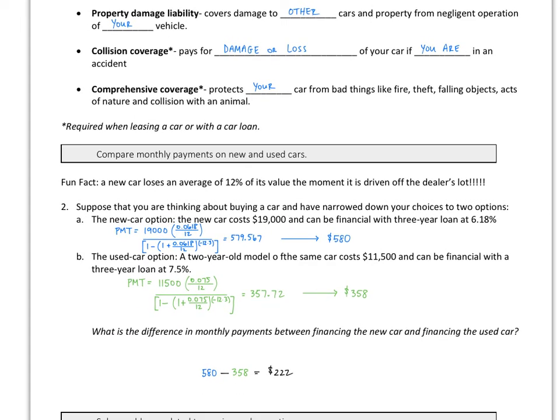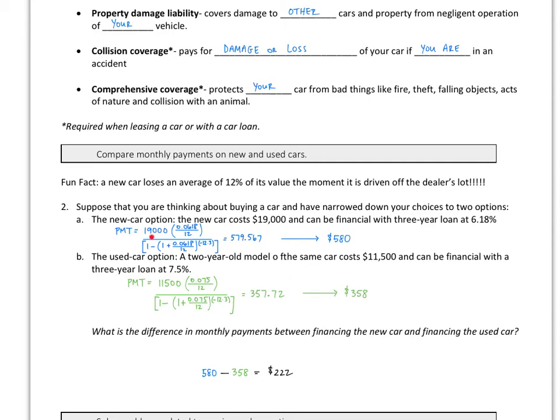So let's suppose you are thinking about buying a car and have narrowed down your choices to two options. The new car costs $19,000 and can be financed with a 3-year loan at 6.18%. So what's your monthly payment going to be?